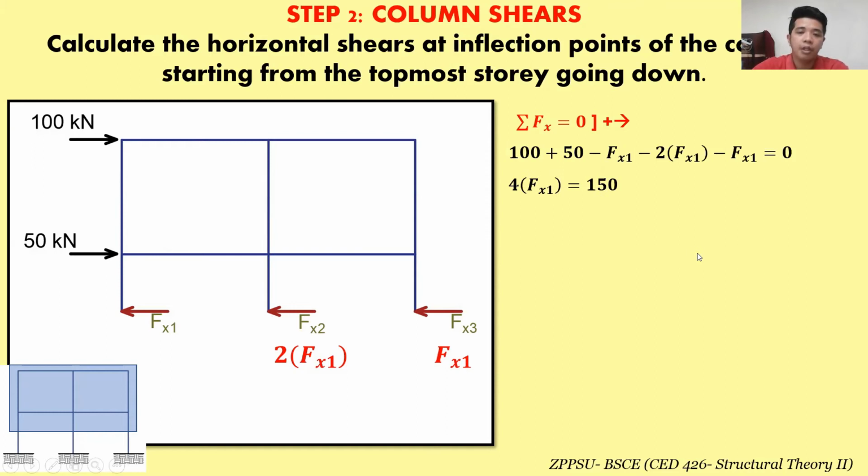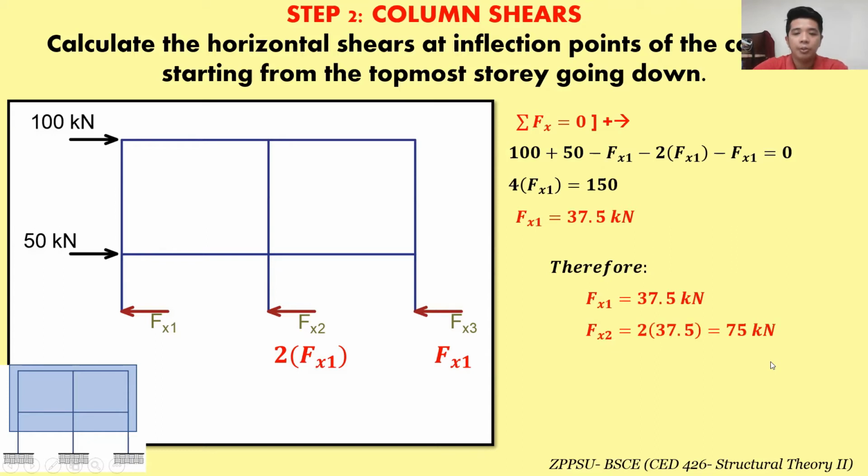So simplifying further. So Fx1 is equal to 37.5 kilonewton. So therefore, Fx1 is 37.5, Fx2 is twice Fx1, 75 kilonewtons, and Fx3 is 37.5 kilonewtons.